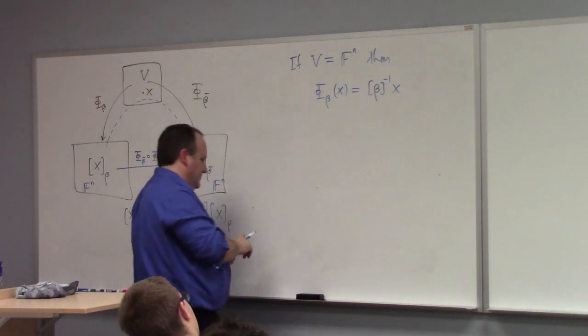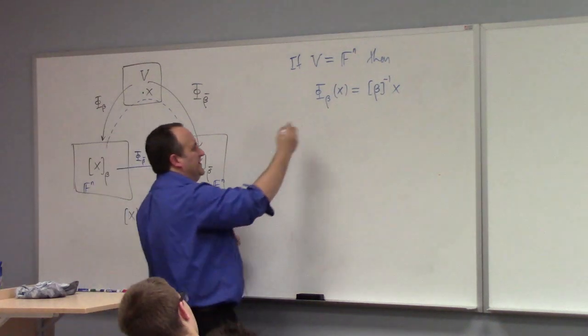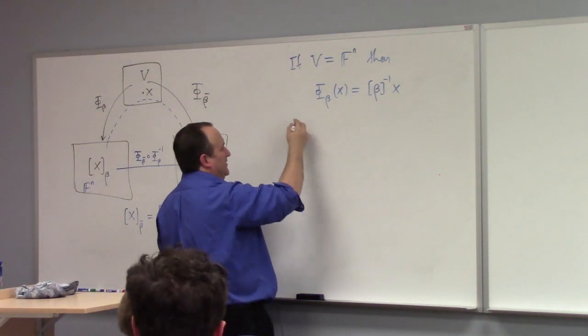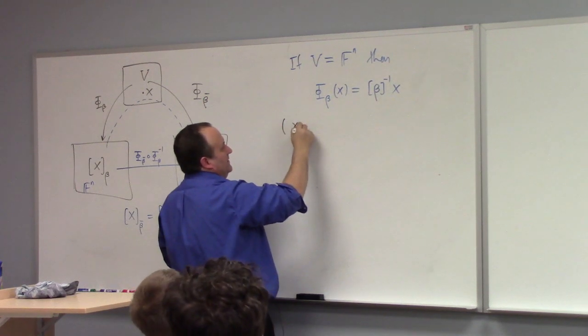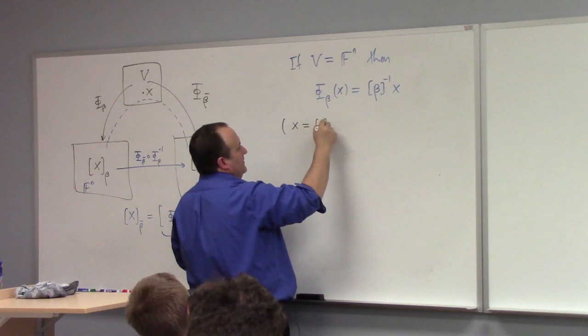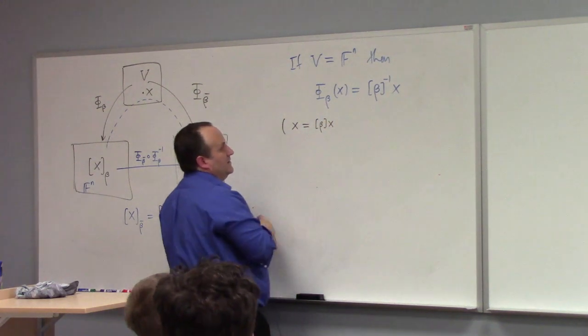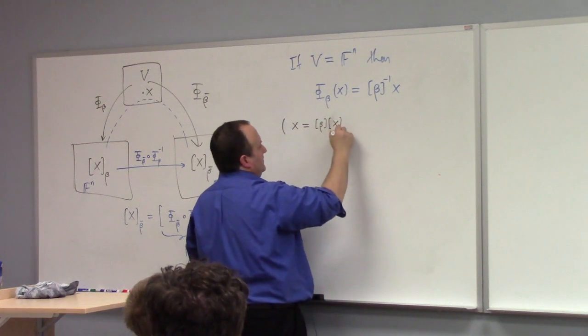I'm not sure if I did that in here. I know I did in 221, but just in case you don't remember. So basically x is equal to the basis matrix times the coordinate vector of x.